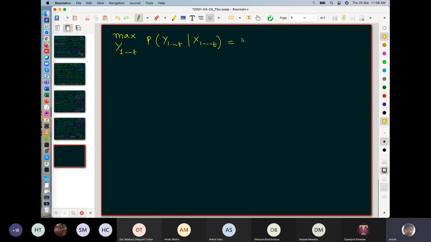Basically, what I want to do is maximize with respect to yt the probability of xt given yt, times the maximum with respect to y from 1 to t minus 1 of the probability of y1 to t minus 1, just recursively defining the problem. So we will do this exactly as we do forward, backward, and the recursive thing.